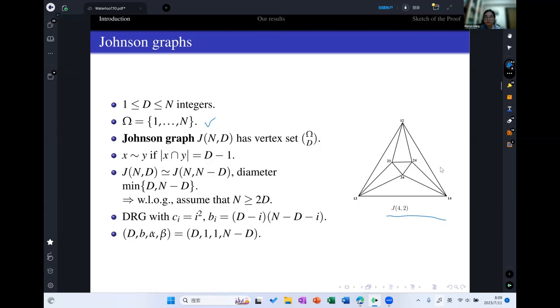For Johnson graphs, we have this one: J(n,d) is isomorphic to J(n, n minus d). So the diameter is the minimum of d and n minus d. Without loss of generality, we usually assume that n is greater than or equal to 2d. The Johnson graph is also a distance regular graph. We know their intersection numbers and the classical parameters.